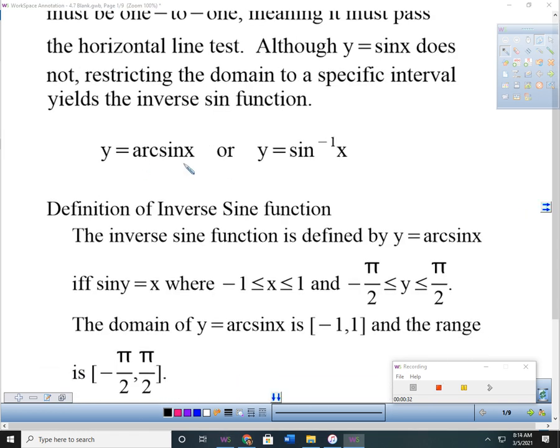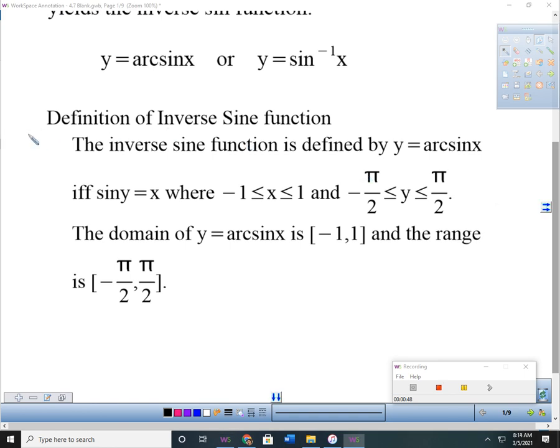Arc sine of x is the same thing as sine to the inverse of x. So this means sine inverse of x. This is the same thing. So they can be written either way, and it has the same definition.